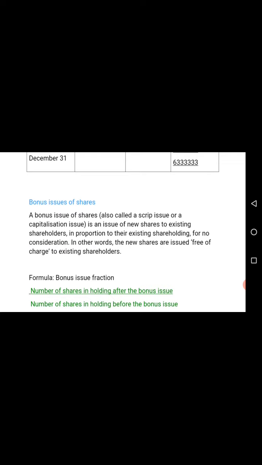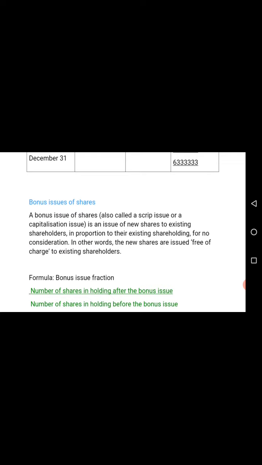In other words, the new shares are issued free of charge to existing shareholders. Now, this bonus issue is not given to the public, it is given to people who already own shares in that company.